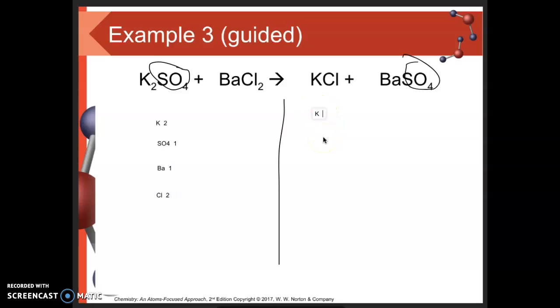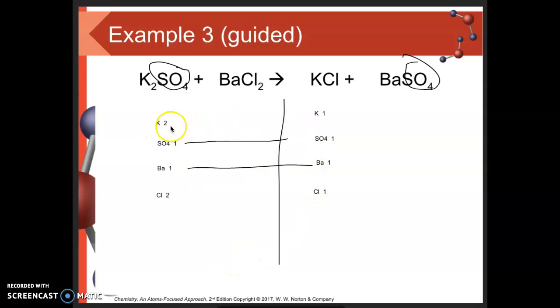And so if I follow this all the way through, one of the other nice things about double replacement reactions is that they're usually pretty easy to balance. You can see already I've got one sulfate on each side, I've got one barium on each side.